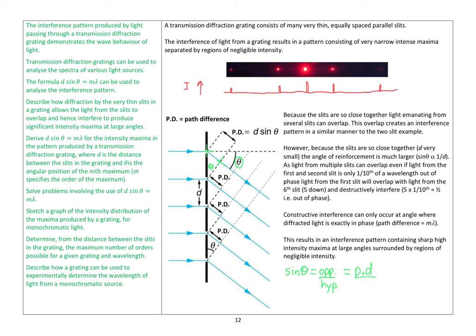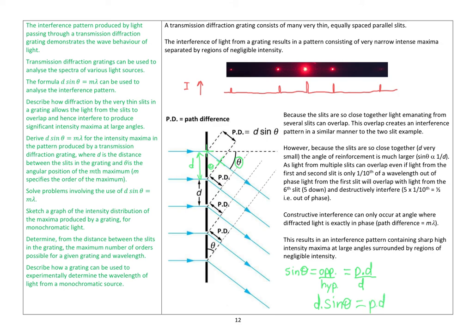And our hypotenuse is this distance here between slits, which is d, that's the long side of our triangle. So we rearrange that relationship there and we get sine theta, we usually put the d first, d sine theta is equal to the path difference.